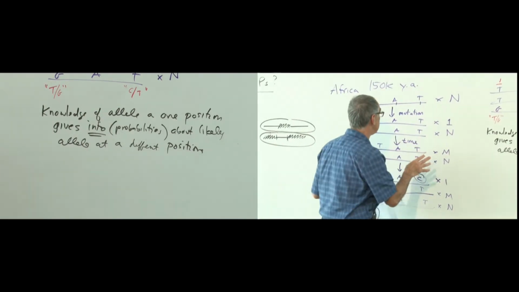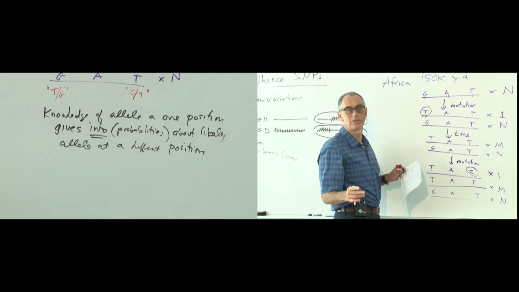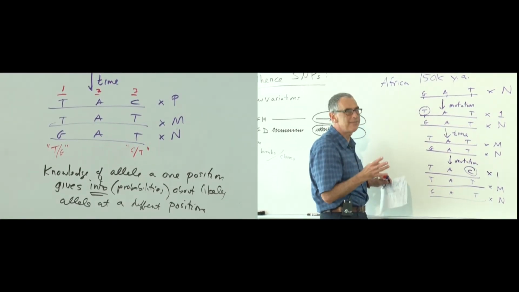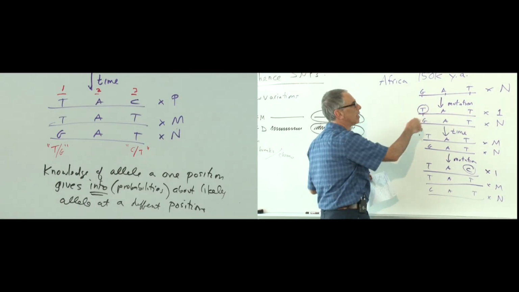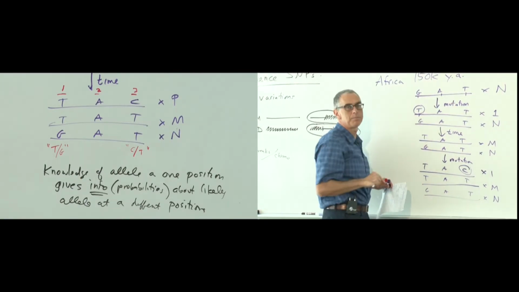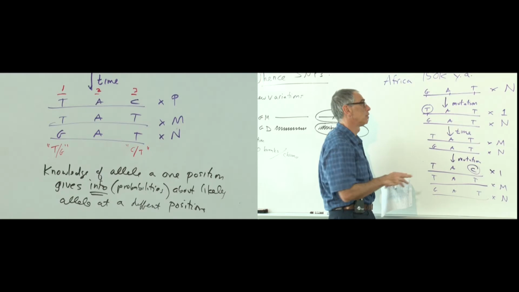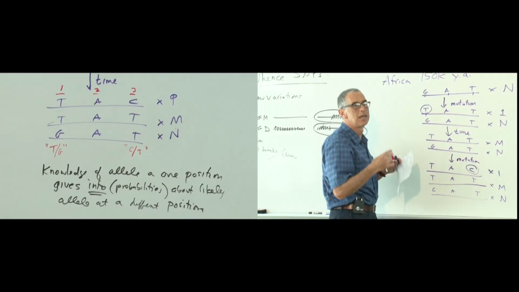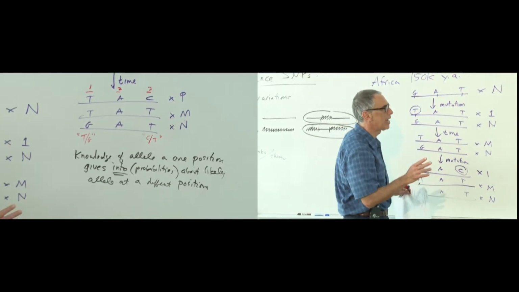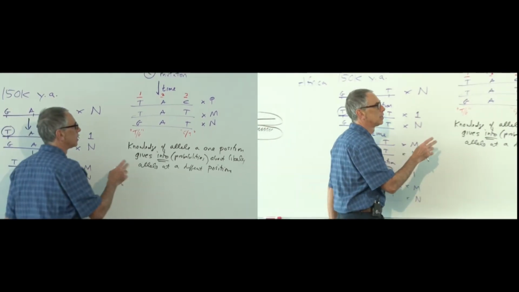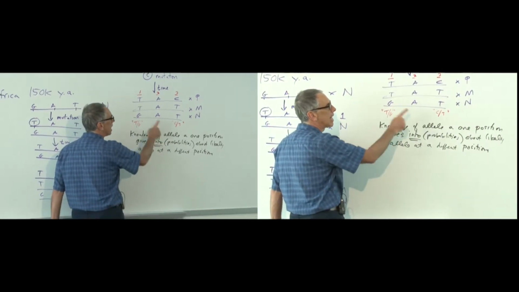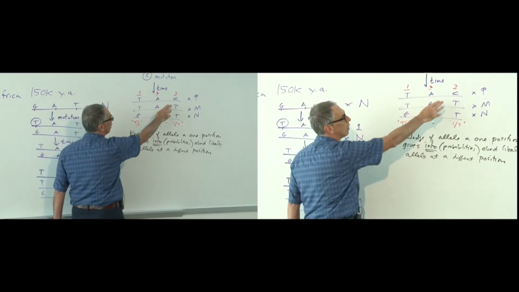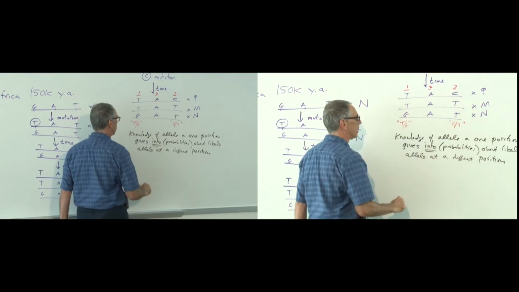Now, I've given this long story about evolution in the context of SNPs, but this could happen for any variation that has arisen any time in the development of the human population. I'm using SNPs because we talk about them the most, but this could be indels, this could be copy number variants. Any variation that you can count, alleles, could be connected to another variation because of this process of arising on a certain background and therefore having a connection.